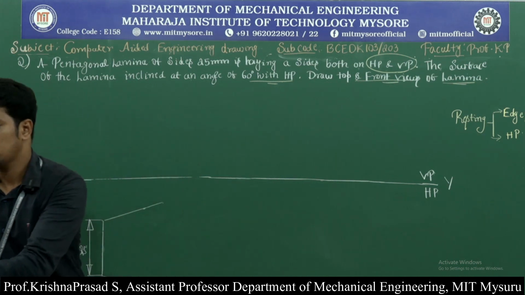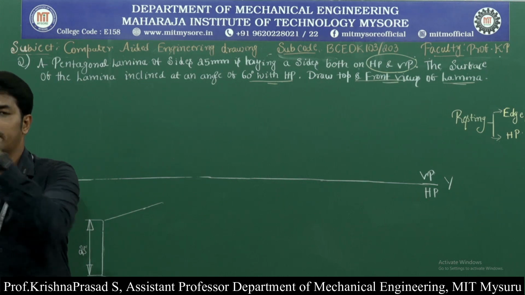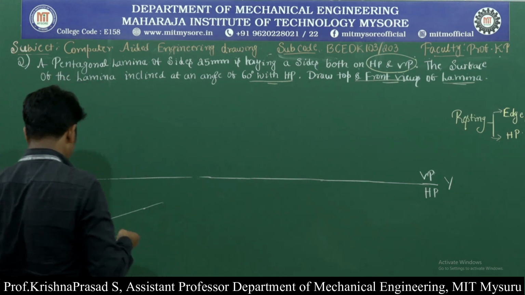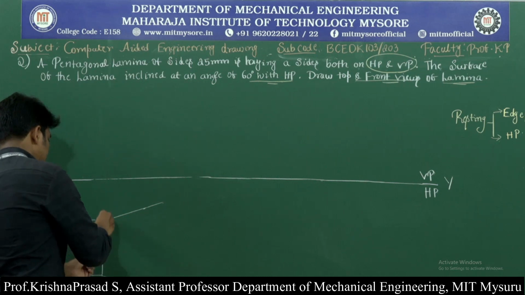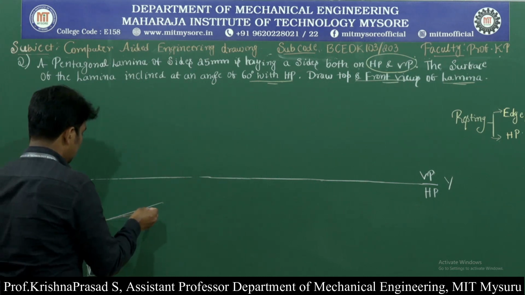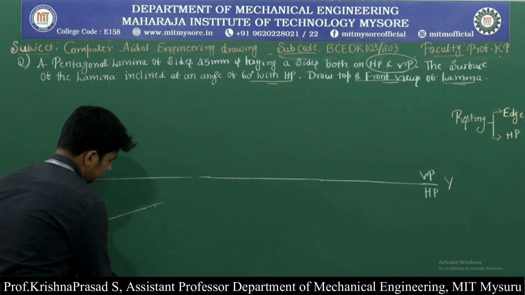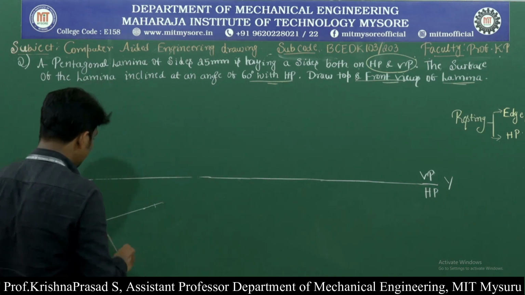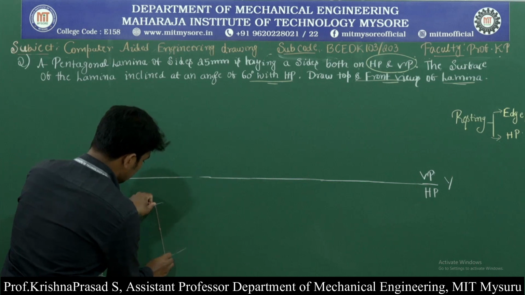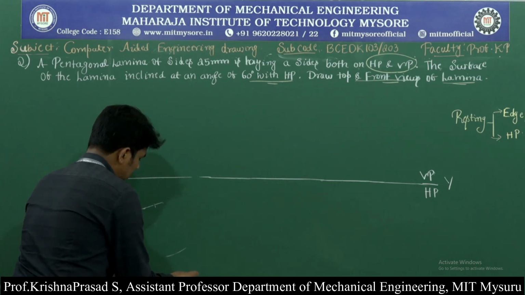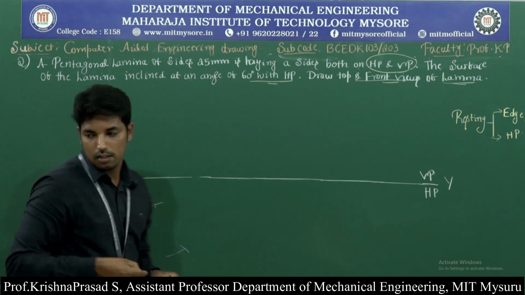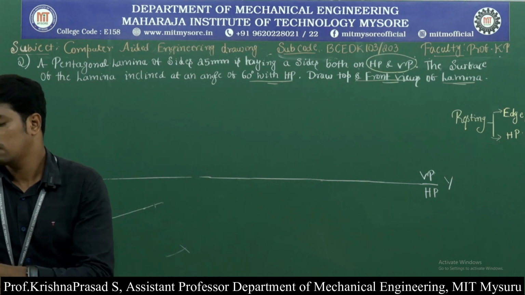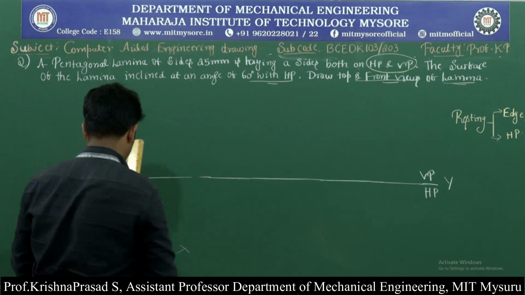After taking the lines with 108 degree, measure this dimension as 25 and mark the arc. Then in order to complete the pentagon, draw one more arc, here also one more arc, then complete the pentagon.